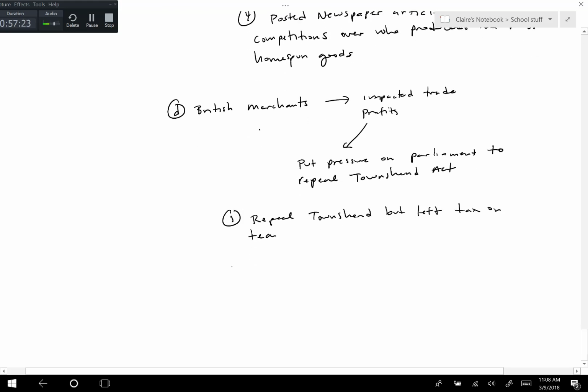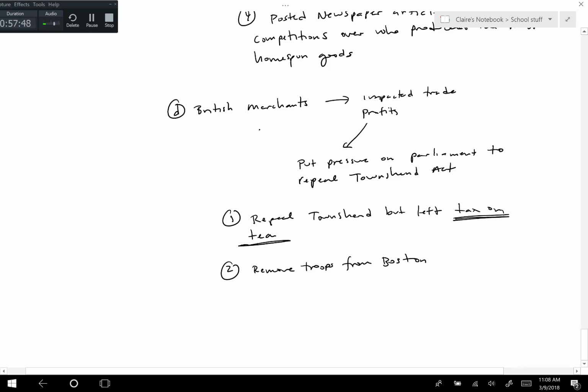Remember the Quartering Act? So they removed troops from Boston as well. And these were the two big things. So again, all the things were repealed except for the tax on tea, which we're going to see come back up, of course.